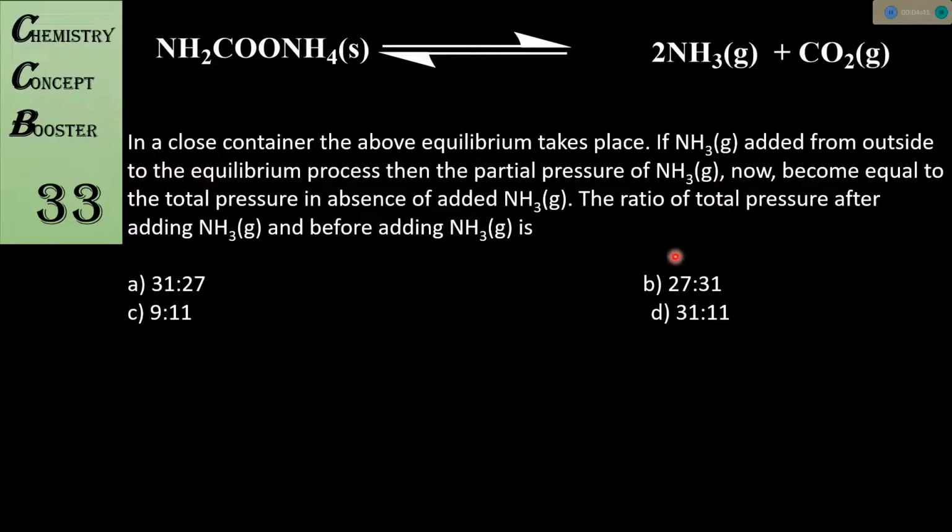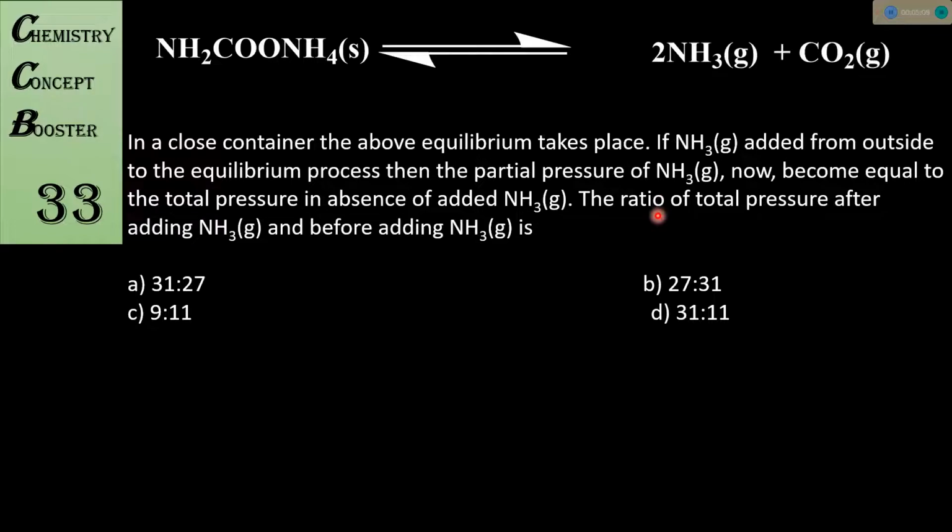Now we are adding ammonia gas from outside, and the whole equilibrium becomes disturbed. The partial pressures of ammonia gas and CO2 gas that we previously calculated change. The changed partial pressure of ammonia gas is equal to the total pressure of these two gaseous species before adding ammonia gas.